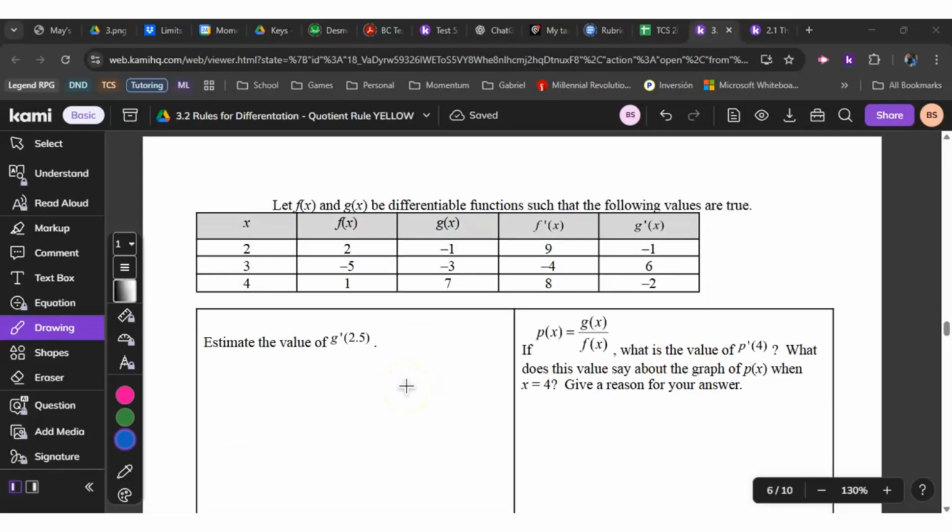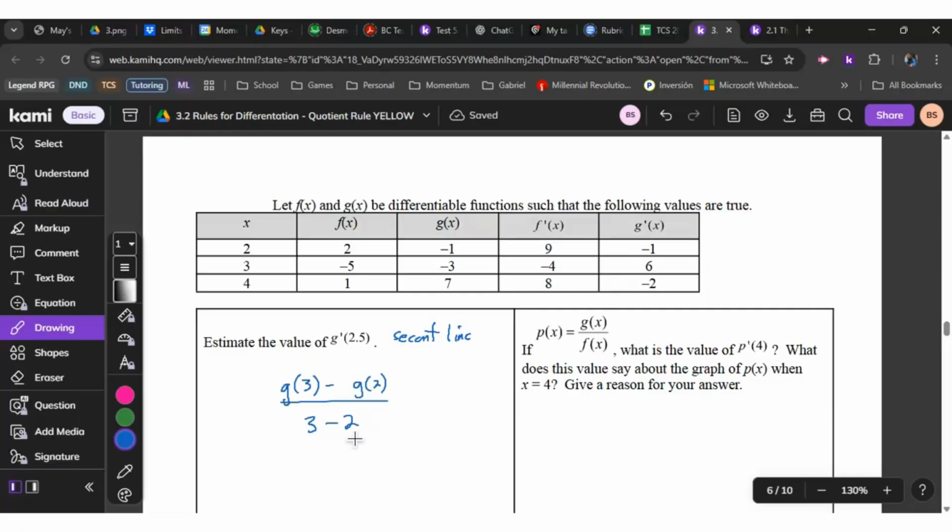All right, so then our last one here, we're going to be doing a table question. As I've mentioned, we love table questions. They make sure that we actually know what we're doing. We're going to estimate the value of g prime at 2.5. So you should immediately be thinking, that's a secant line. We look between the two closest points, 2 and 3. So I'm going to do g of 3 minus g of 2 all over 3 minus 2.